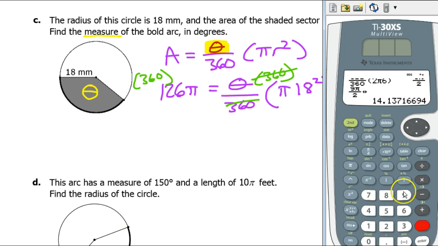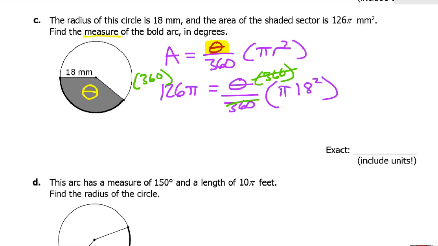So what is 360 times 126? 45,360. Pi. Don't forget the pi.